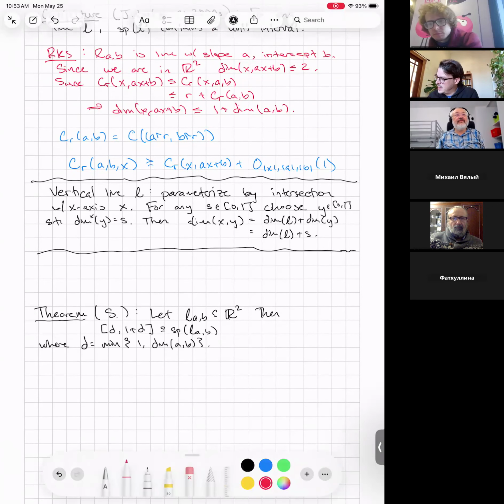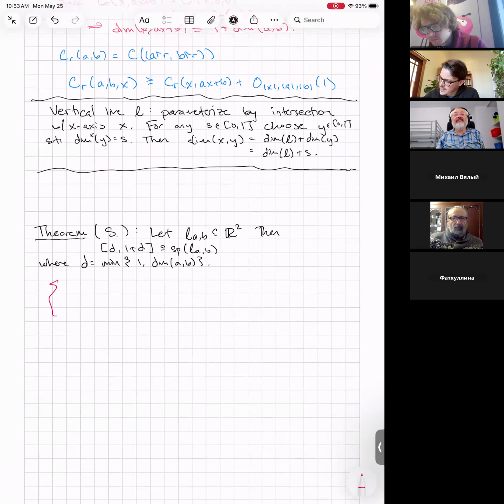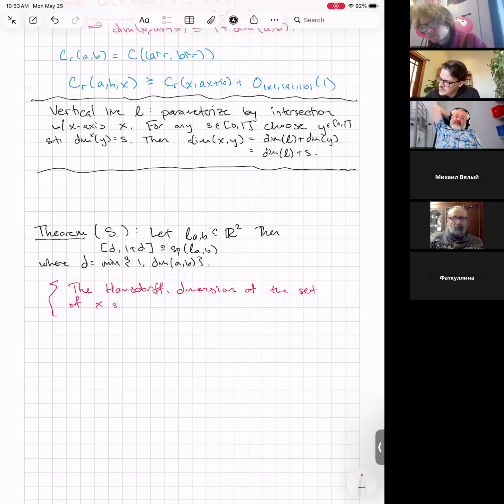I'm not going to really talk about this, but we also know that the Hausdorff dimension of the set of x such that the dimension of the point on the line is smaller than the dimension of the line divided by 2 is 0.